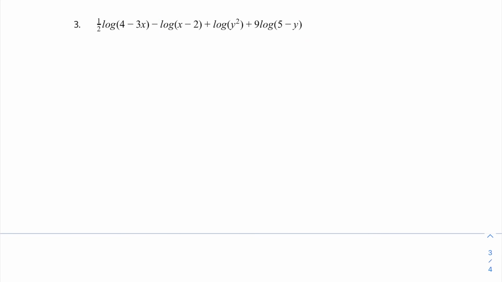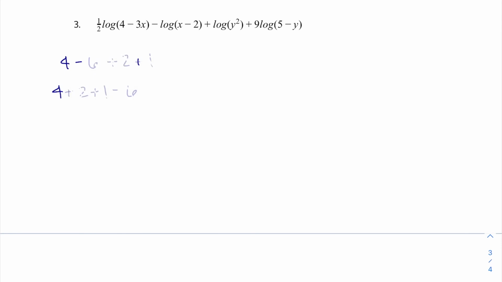So the first thing I'm going to do is rearrange this into a way that makes most sense to me, that I feel best about using my properties. Just like if you had 4 minus 6 plus 2 plus 1, you could rewrite that as 4 plus 2 plus 1 minus 6, right? Those are the same things. We're still subtracting 6, we're still adding 4, 2, and 1 together.